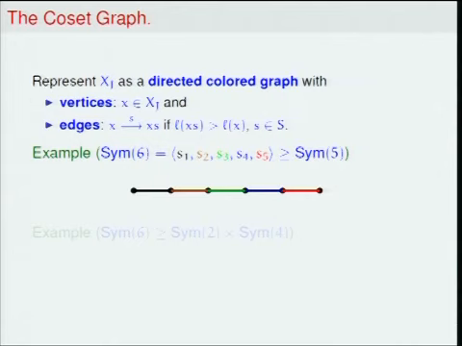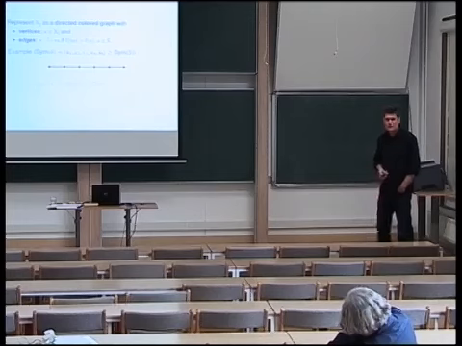For example, the symmetric group on 5 points sitting inside the symmetric group on 6 points, generated by 5 generators, gives rise to a straight line where the 6 vertices in this graph are the 6 points permuted by the symmetric group on 6 points.